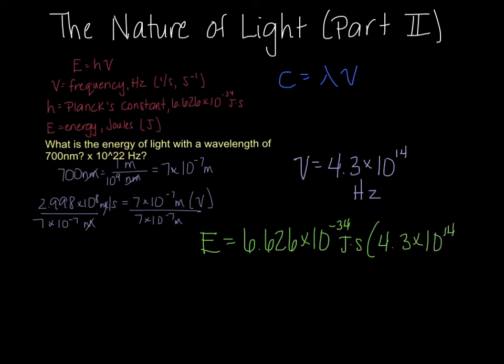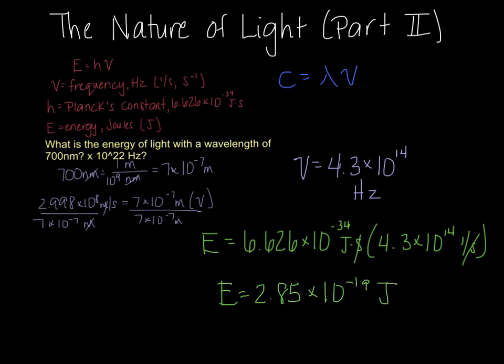And so that my units are consistent, I'm going to use 1 over s. So when I multiply, my seconds are going to cancel. And I'm going to get an energy equal to 2.85 times 10 to the negative 19th joules.